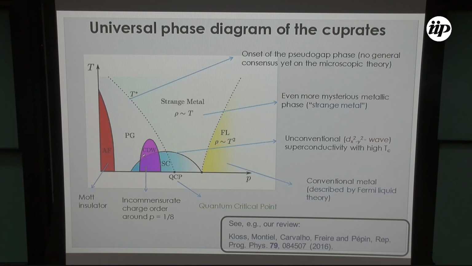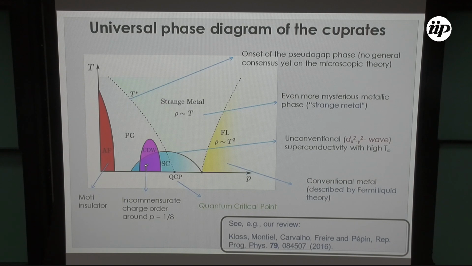Here you have the superconducting dome, which is unconventional, so it's d-wave superconductivity. And this is the most mysterious metallic phase, the so-called strange metal phase that occupies a very large region of the phase diagram. And at very high doping, one recovers a Fermi liquid regime, where resistivity is given by a quadratic term.